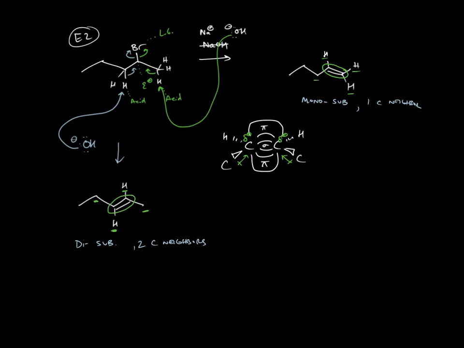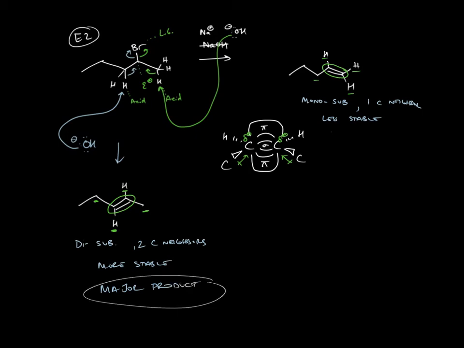The one with 2 carbon neighbors is more stable. The one with only 1 carbon neighbor is less stable. And therefore, this one down here would be the major product. You would get a lot more of this because it is a more stable product, and you would get less of the other because it is less stable.